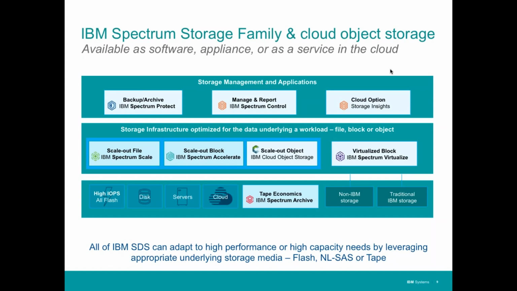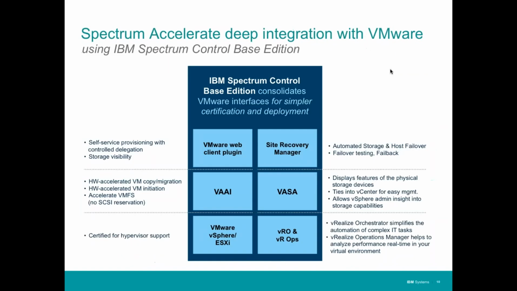Now, I just wanted you to have that background on what is IBM software-defined storage before we talk about how we support VMware. We talked about a lot of products in the previous slides, right, the complete slide. So we have a detailed compatibility matrix, but I want to focus on Spectrum Accelerate. This is one of the products where we have some very deep integration with the VMware APIs.